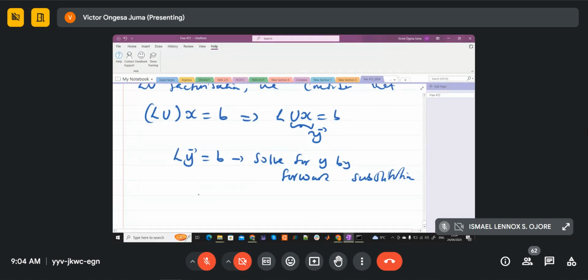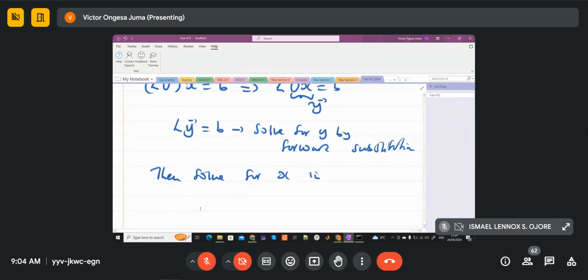Once you have this, solve for X in Ux = Y, because you will have gotten Y here, and then you bring the Y's here, then you solve for X by back substitution.